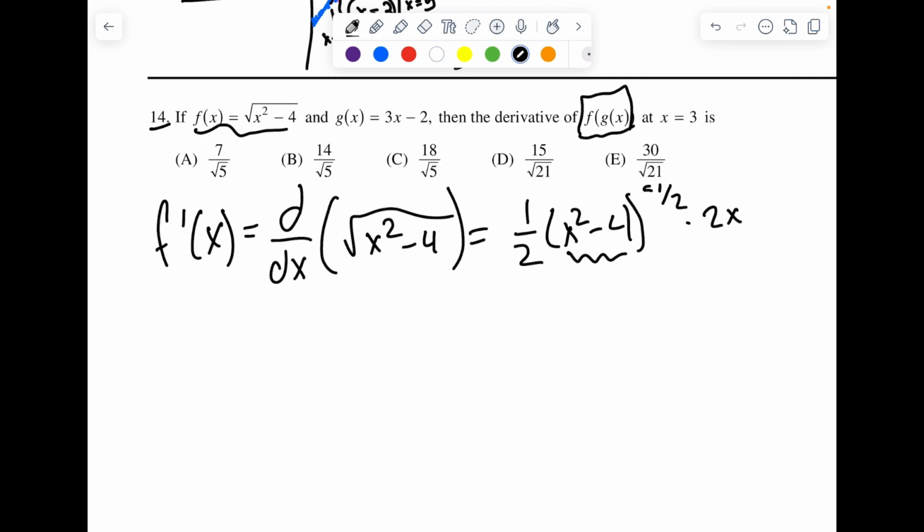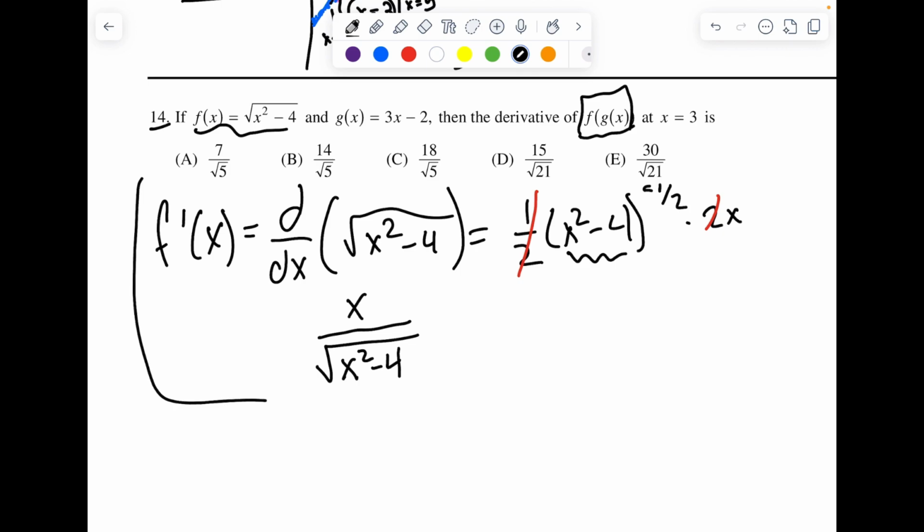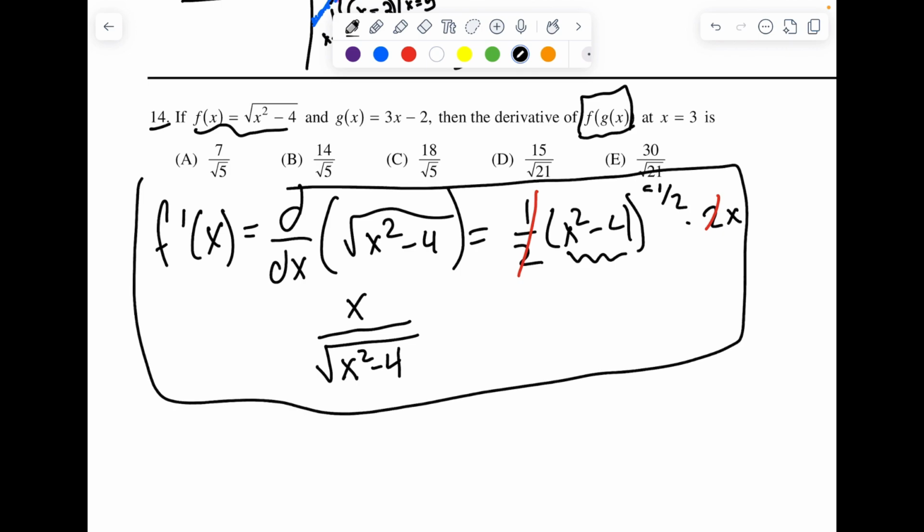That's going to give us 2x. We can go ahead and cancel out this 1/2 and this 2. Our final answer is going to be x over the square root of x squared minus 4. That is our derivative of f.